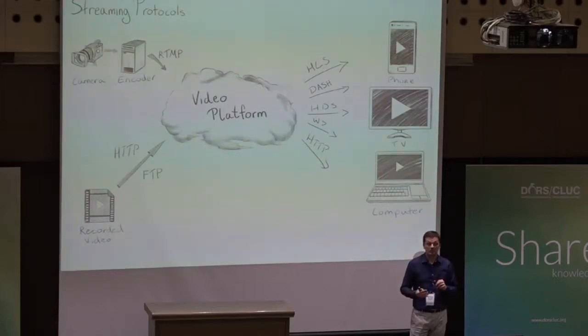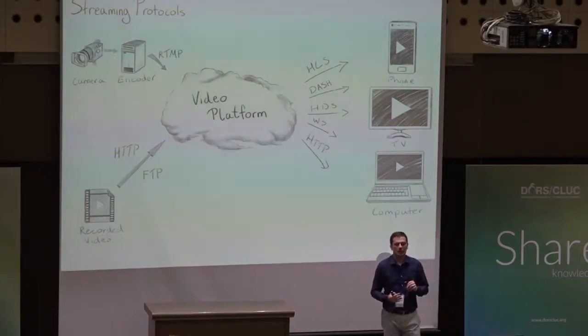DASH is basically the same thing, but it's an actual standard as opposed to just Apple doing their own thing. HDS is something similar from Adobe. A lot of people have started using WebSockets to do video streaming, because WebSockets is a bidirectional communications channel between the client and the server using HTTP.